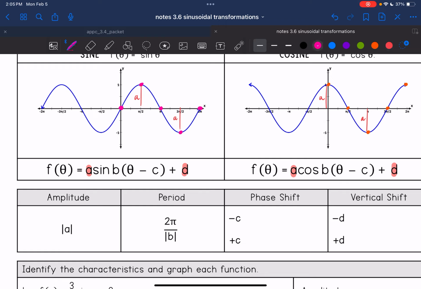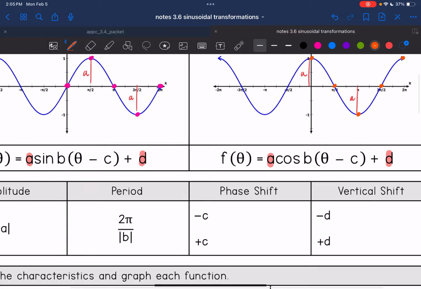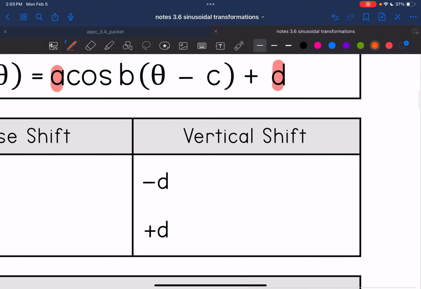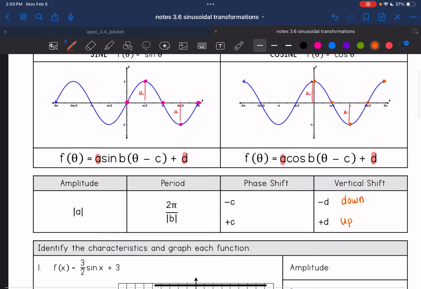D is what's going to shift up and down. We didn't talk about this on Friday, but it's very easy to understand. If you have minus D at the end of your function, you're going to move D units down. And if you have plus D, you're going to move up. The way we do that is by moving our midline.